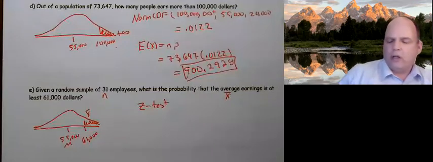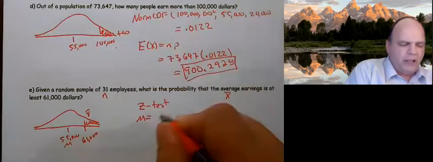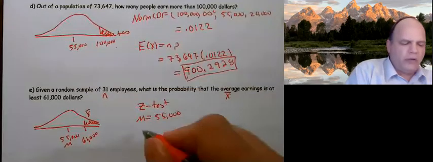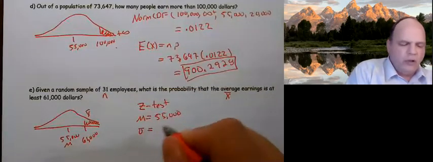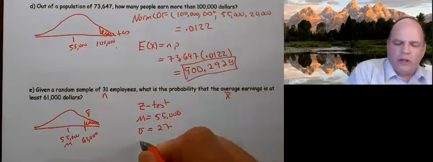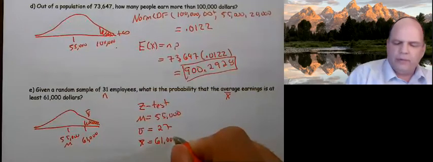So we're going to go stats, test, Z test. The first thing it's going to ask for is our mean, which is simply 55,000. The next thing it's going to ask for is our standard deviation, which is 27.